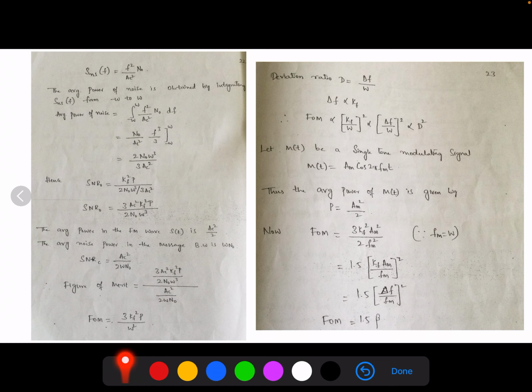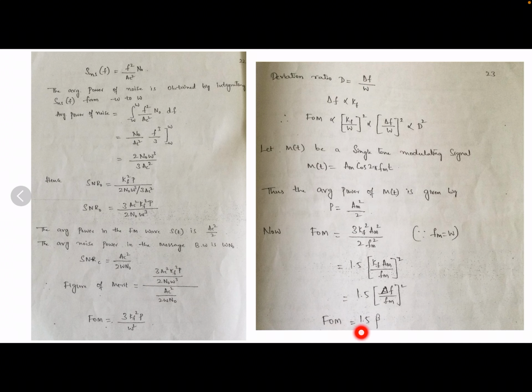The important point to note from this statement is that unlike AM, the use of FM does provide a useful mechanism for the exchange of increased transmission bandwidth for improved noise performance. So when you rearrange these terms, you will get the figure of merit equal to 1.5 times beta.